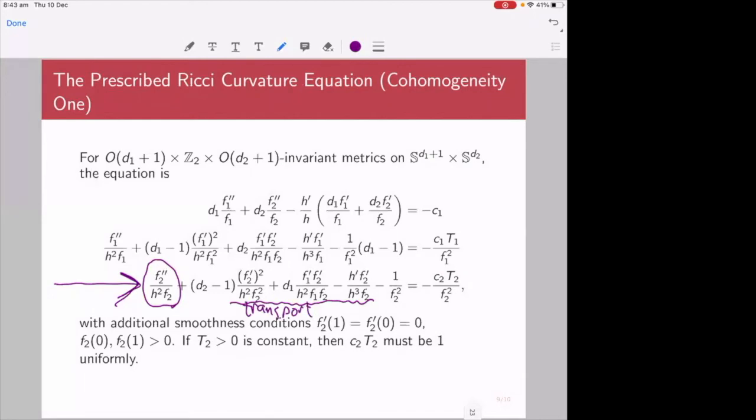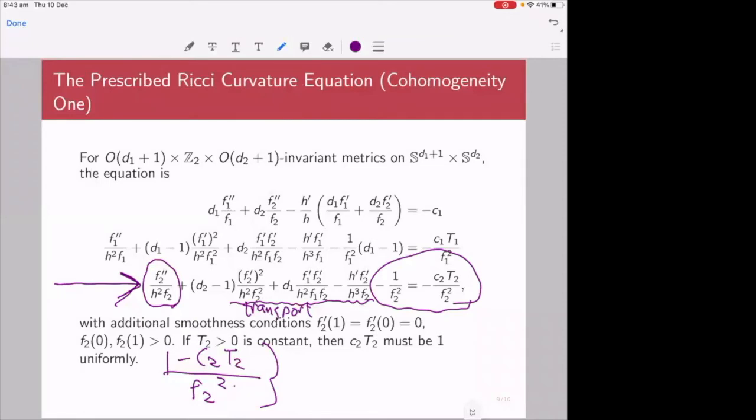The only terms that don't behave like this are these terms over here: 1 minus c2 t2 on f2 squared. Now, if we suppose that t2 is constant, then 1 minus c2 times t2 is constant. And that means that this term is always going to be positive on the whole thing, negative on the whole thing, or 0 on the whole thing.